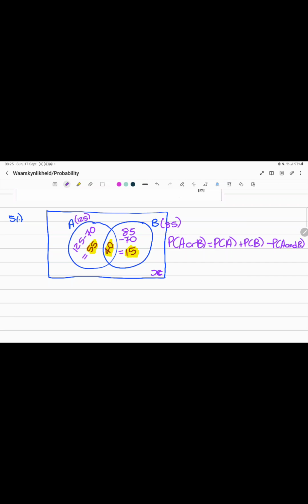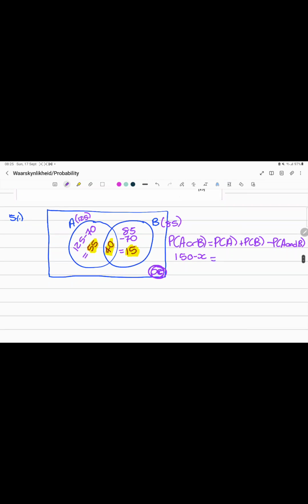What was the probability of someone having A or B? That is quite an easy one to calculate. It is 150 minus X, my total minus how many buy neither.